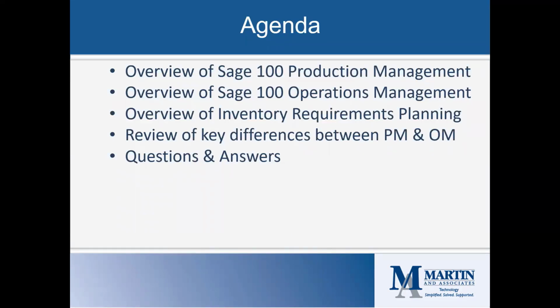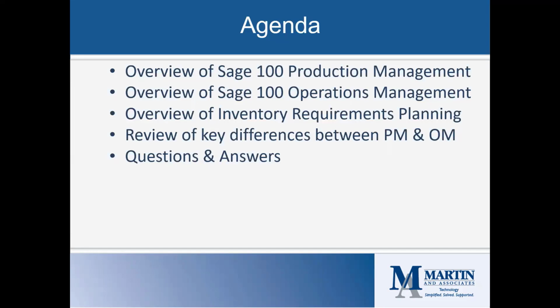We're going to do an overview and discussion of the Sage 100 operations management module in more detail. We are going to do an overview of the inventory requirements planning module as well, and talk about what that replaces and what that will do for you.